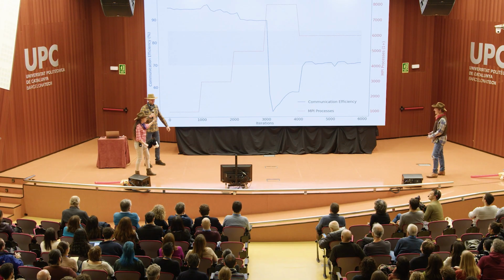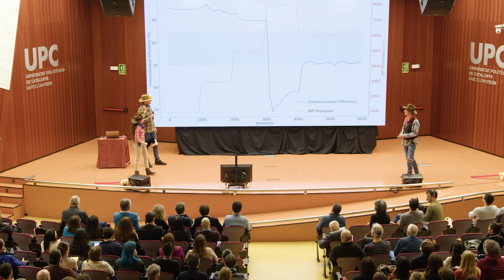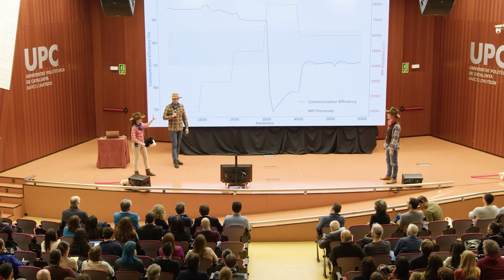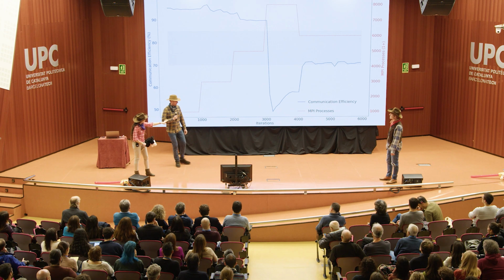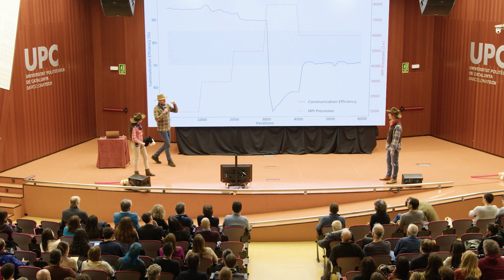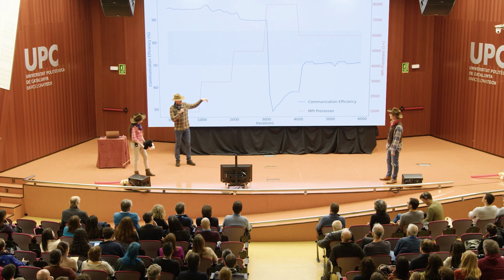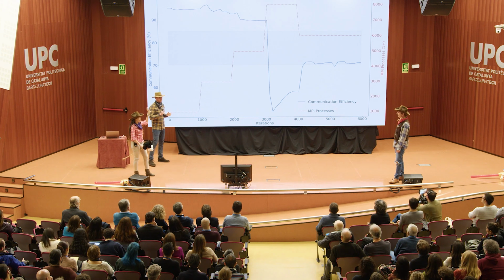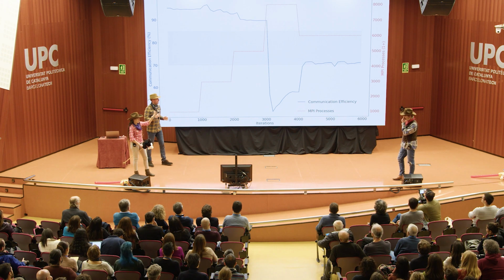Okay, so let me show you the picture. In this picture, the blue line represents the communication efficiency measured by TALP. In the x-axis, you have the different ALIA iterations, and in the right y-axis, we have the number of MPI processes running on the allocated resources. The gray area is the target communication efficiency that we want to achieve.